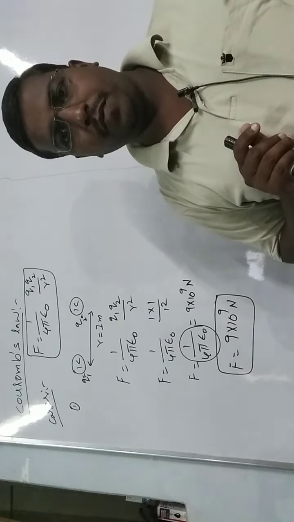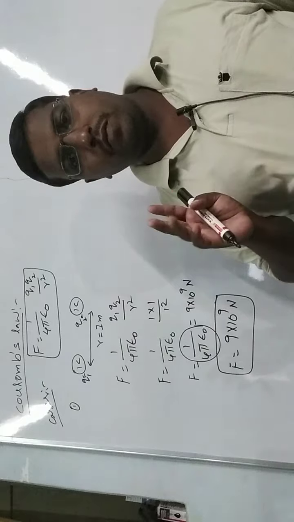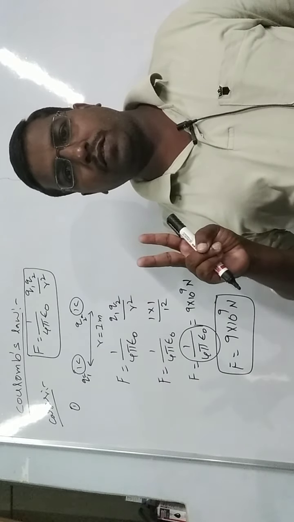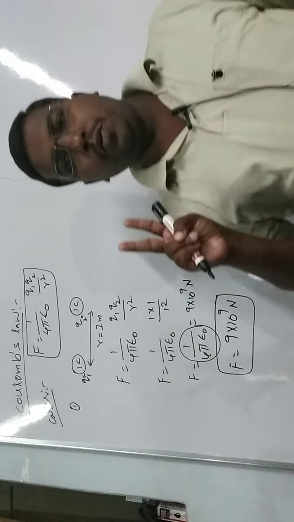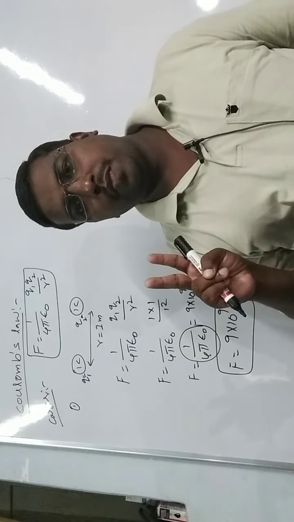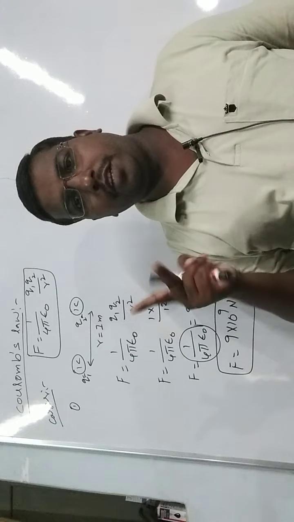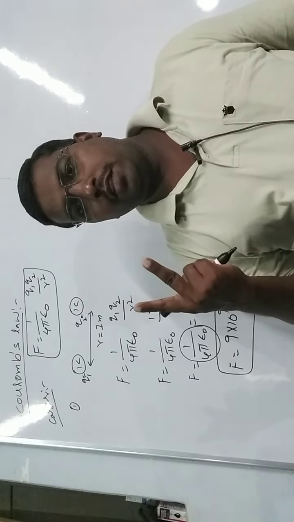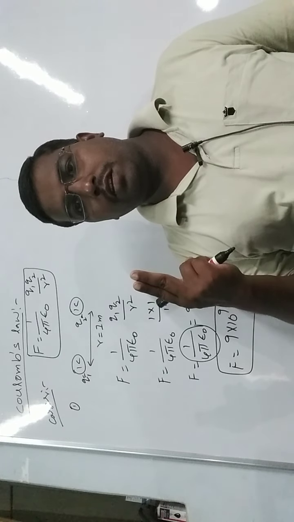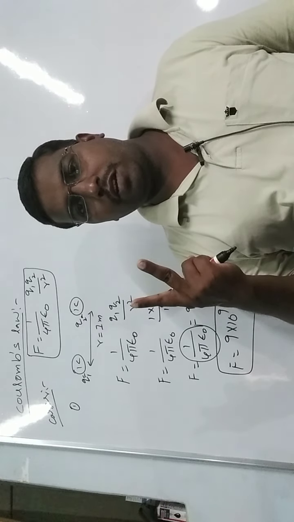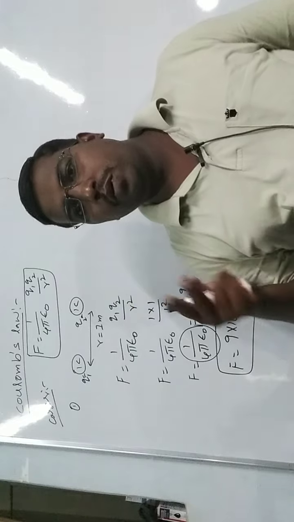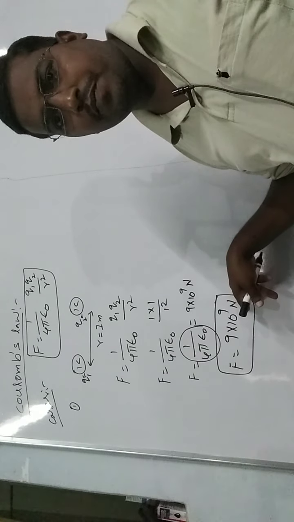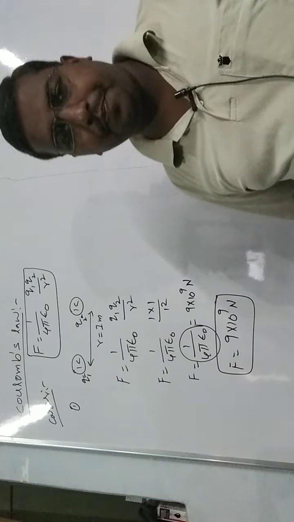Once again I will repeat: whenever two charges having 1 coulomb charge are separated by a distance of 1 meter only, then the force of attraction or repulsion is 9 into 10 power 9 newtons. This is a very important point.